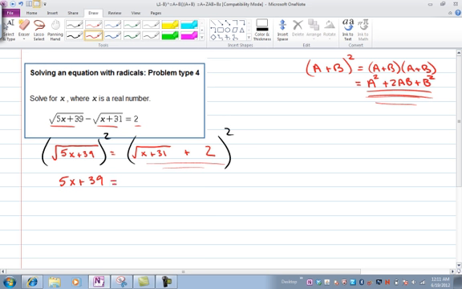So following that pattern, we square the first term, so that just literally is x plus 31. Then you have twice the product of the two terms. So think about multiplying this times 2, and that really doesn't do anything interesting other than say 2 times the square root of x plus 31, and then times 2 again. So that's why we're going to go ahead and write plus 4 times the square root of x plus 31.